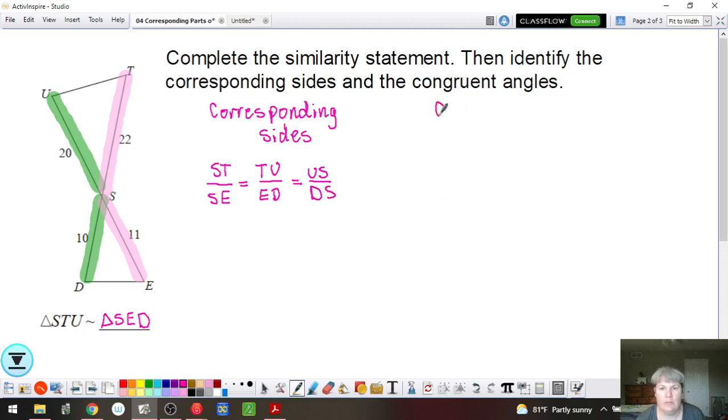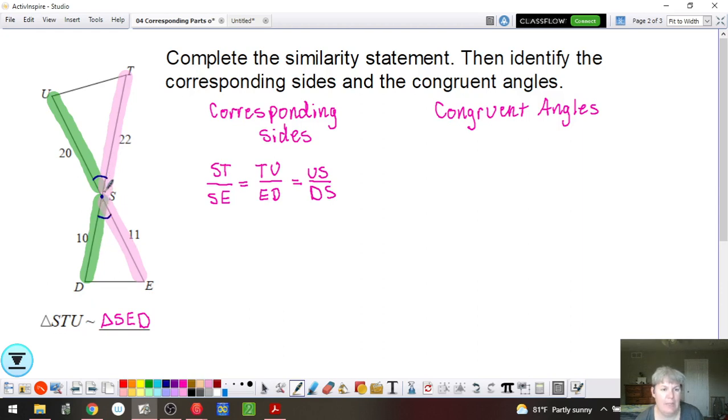My congruent angles, oops, spelled that wrong. I can also get from my similarity statement angle, and actually I'm not going to say just angle S and angle S because there's actually two angles at the point S. So here's point S. We have an angle here, and we have an angle here.